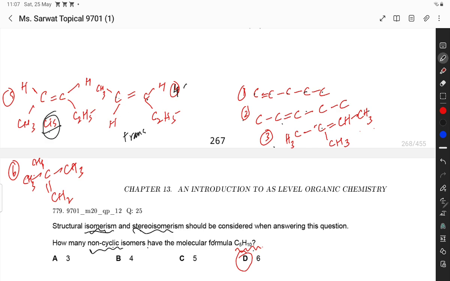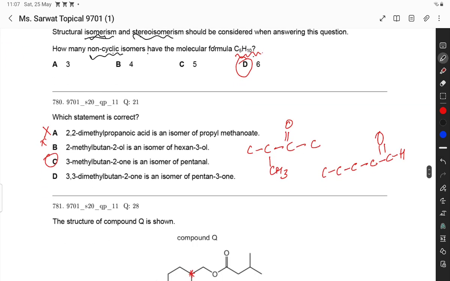So 4 and 5, and this is the sixth isomer, 2,2-dimethylprop-1-ene. So 6 possibilities are there. So option D is the correct option.